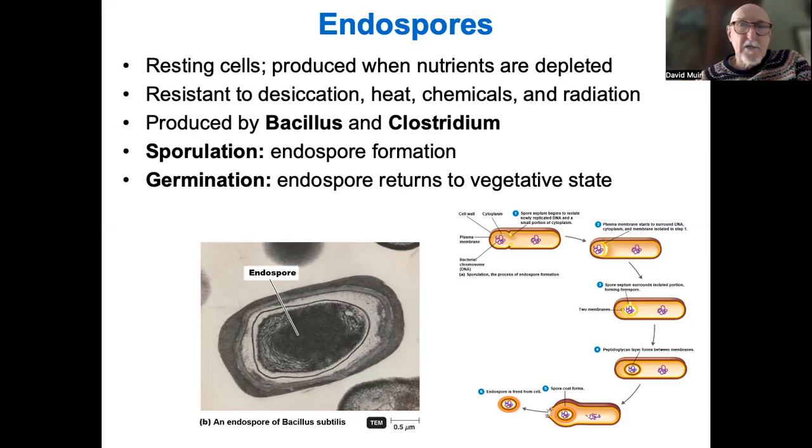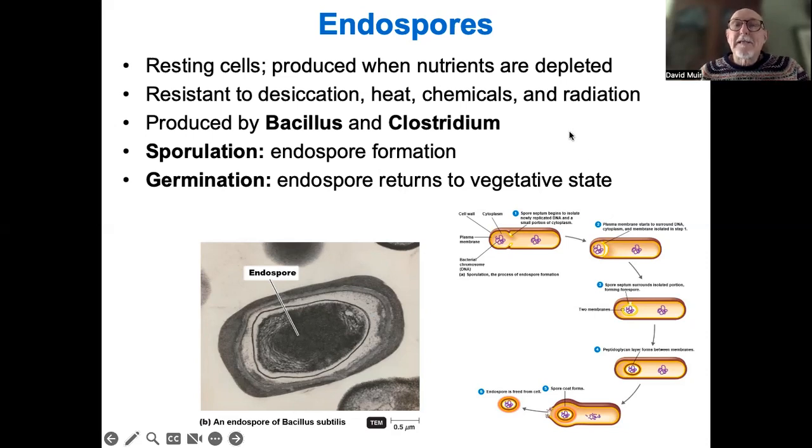And those which land in a suitable environment will germinate and produce either the fungus if they came from a fungus, or bacterial cells if they're coming from a bacterial spore.